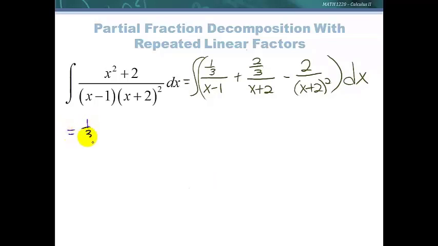So this is going to be 1/3 natural log of the absolute value of x minus 1, plus 2/3 natural log of the absolute value of x plus 2. Remember, when we do these, the chain rule applies. I've considered that here, and the derivatives of those are 1, so we're good. Now, how am I going to work this one?